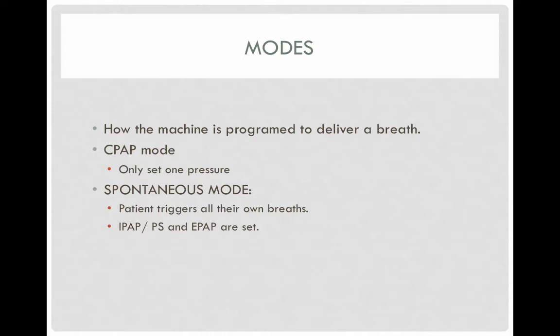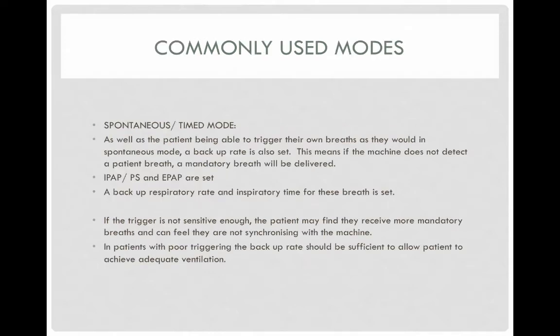There's a mode called spontaneous mode. Spontaneous mode is where the patient is still triggering breaths, but now we are going to set an EPAP and an IPAP, and pressure support is given in this spontaneous mode. In addition, there's a spontaneous timed mode. Now we're adding one more variable to this, and that's where we're setting a backup rate. We're going to set a rate that we don't want the breaths to fall lower than.